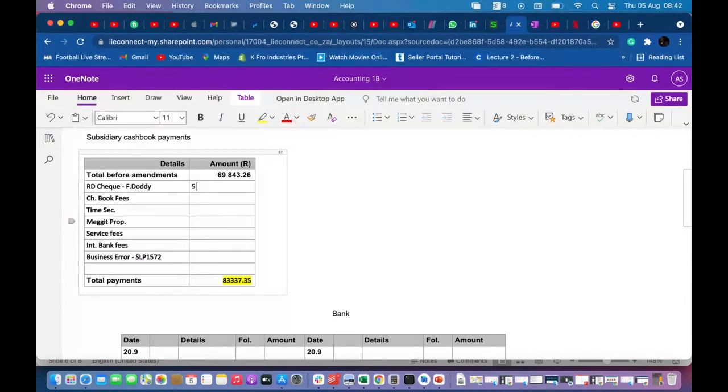So that was for 5,257.42. Okay, then we have bank. What is this? This is supposed to be bank charges. I do not know what I was writing there.